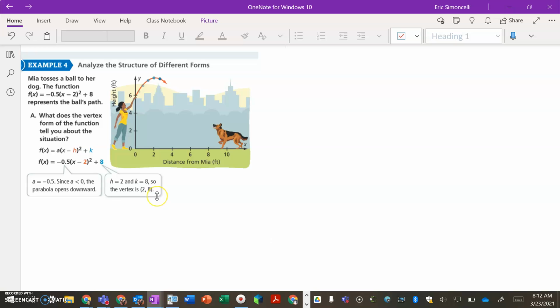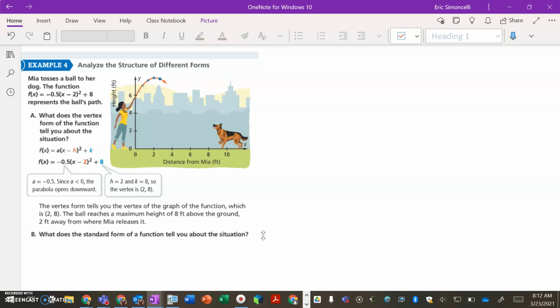Since the a value is negative, negative 0.5, less than 0, we know the parabola opens down. So again, the vertex is at 2, 8, and the parabola opens down. The vertex form tells you that the vertex of the graph is 2, 8, and the ball reaches a maximum height of 8 feet above the ground, which is 2 feet away from where Mia releases it.